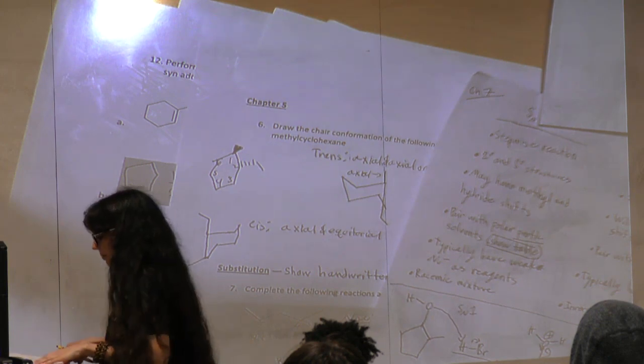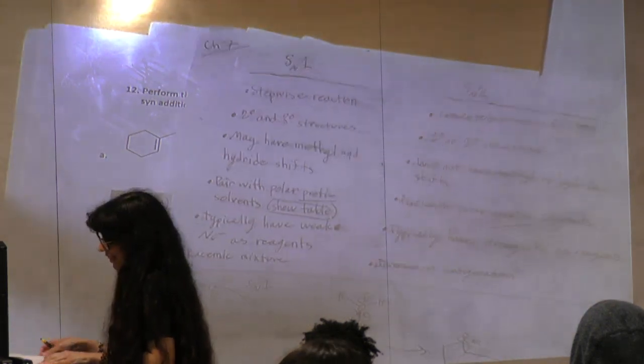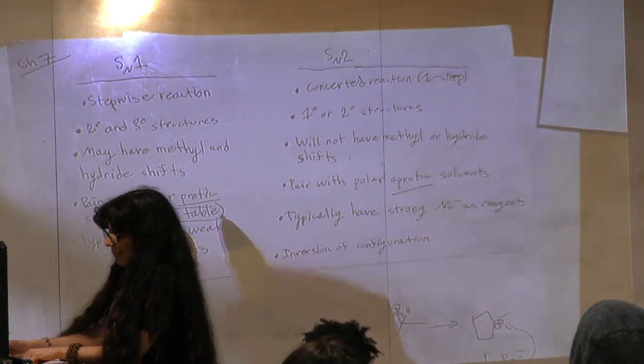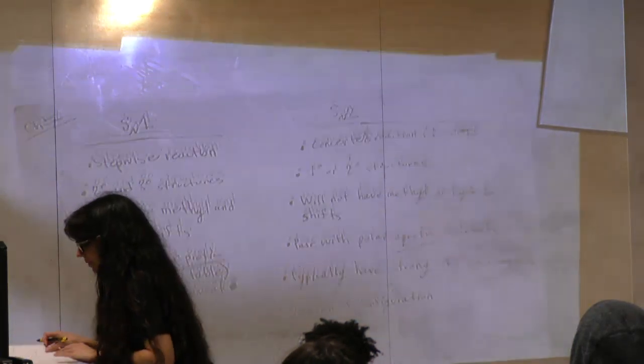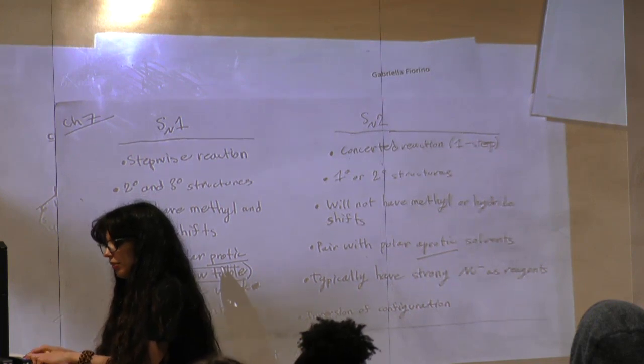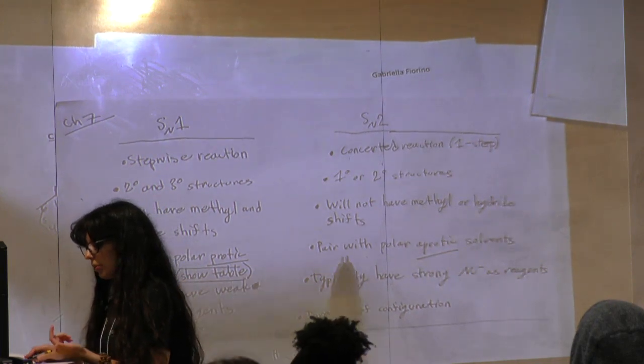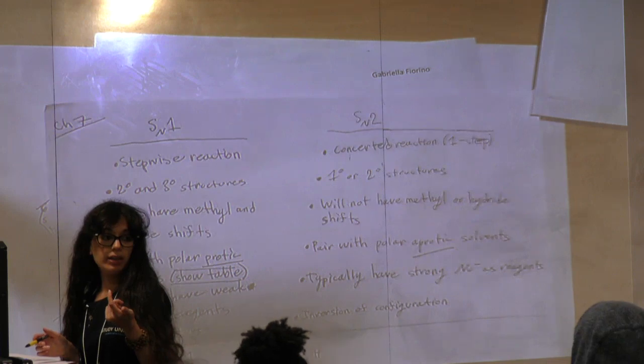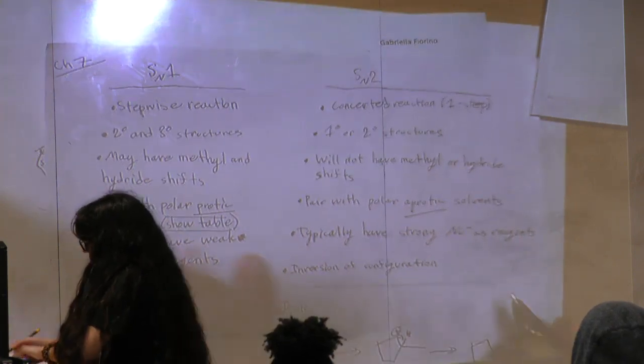Oh, so it seems as though I do not have my table on me. But if you go to the SARC WordPress site, I have a whole list of the polar protic and aprotic solvents that are just laid out there. I'll give you just a few examples.